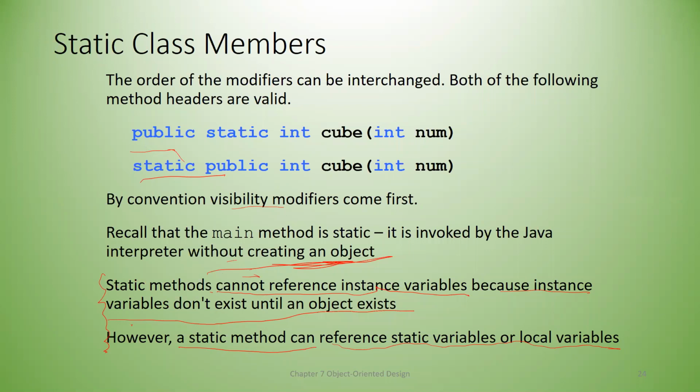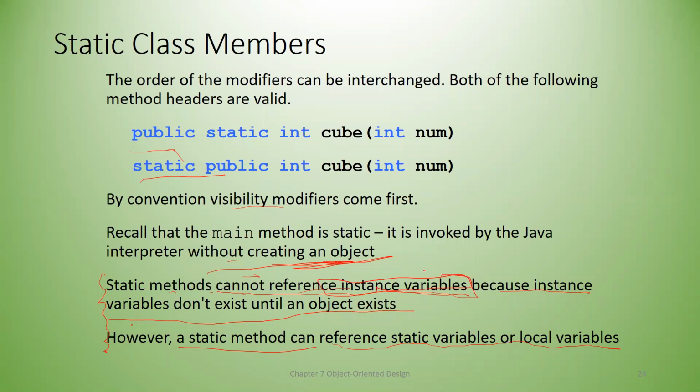As soon as you reference the class, that static method and the static variable exist. But the instance variable does not exist until you create an object. That's why static methods cannot reference instance variables, because they might not exist yet.